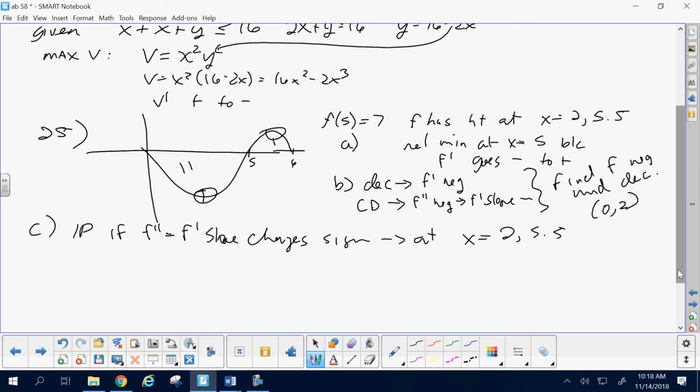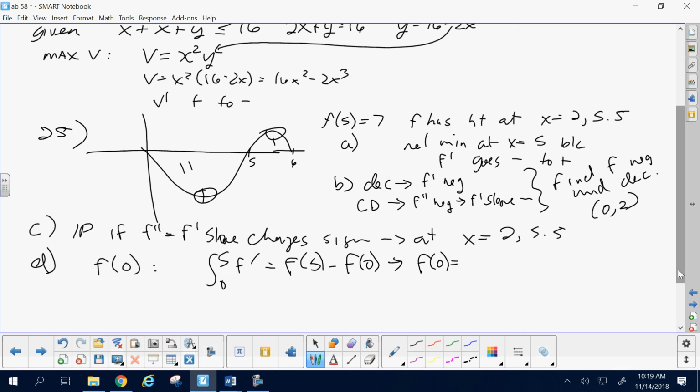And D. D is the fundamental theorem. To find F at 0, you relate 0 to 5 through the fundamental theorem. Isolate F at 0.